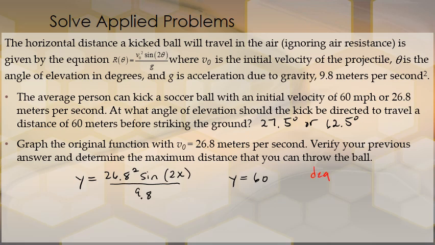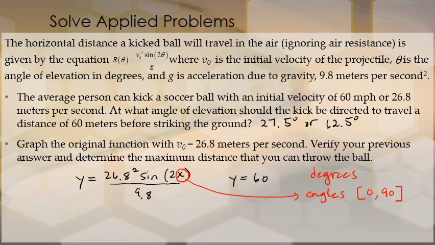First of all, we should be set at degrees. My x's, remember, those stand for angles. And because I'm not expecting to kick behind me, I probably am only interested in maybe 0 to 90.